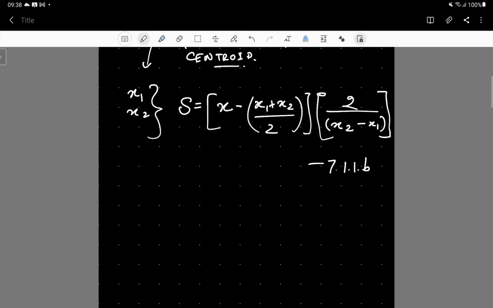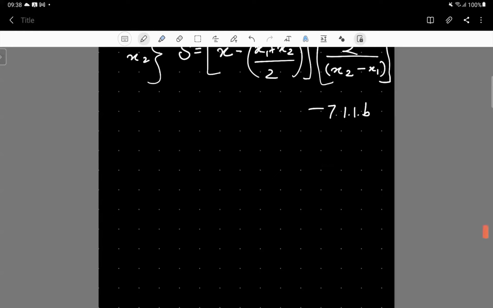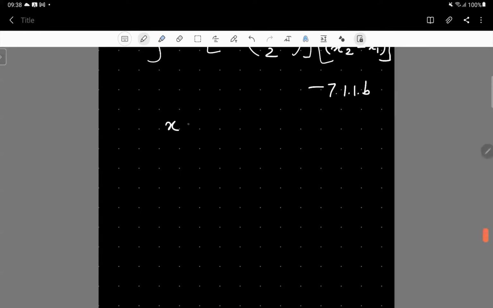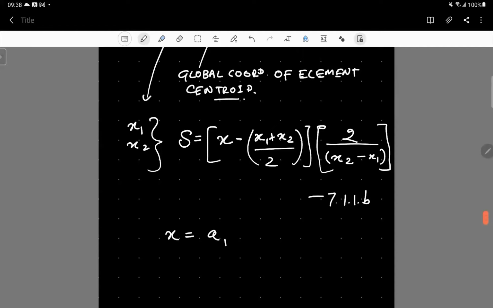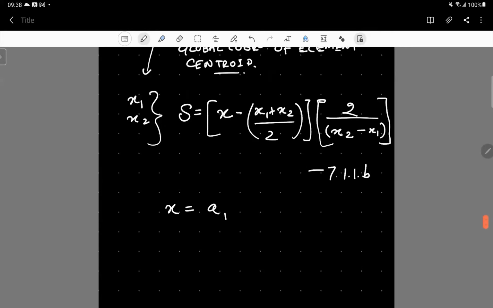We can now define a position in the bar element, just like what we did in the previous sections. We can use the natural coordinate system and define a global coordinate by using this equation that we already wrote down in the first place, which we would like to have, because now we know the relationship between the two coordinate systems.